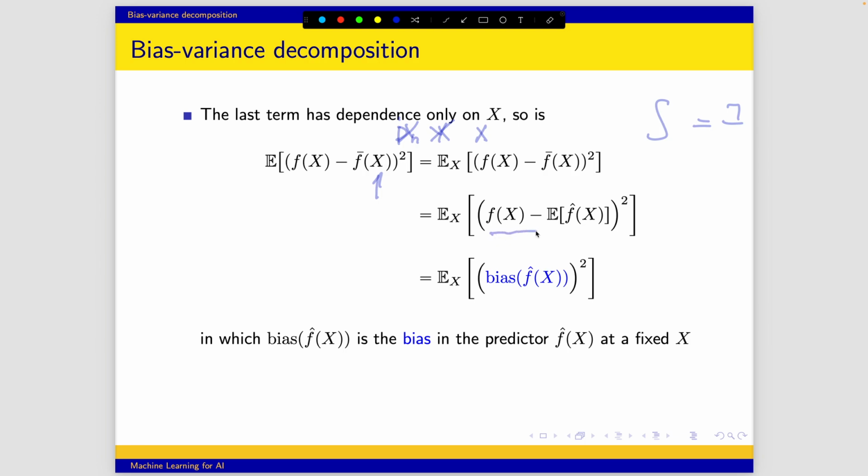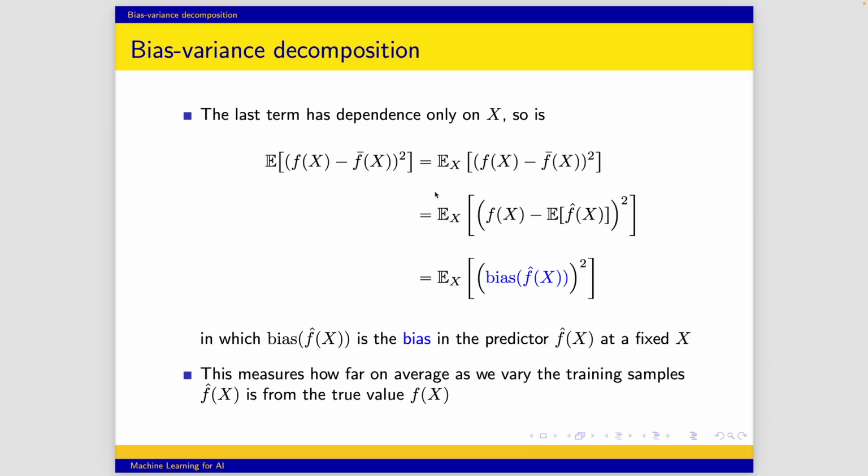And this term here, for a fixed x, we call the bias of our predictor. Right? And the bias of a predictor, as we've already seen, is how far it is from the expected value. So a predictor or an estimator, in this case we tend to call it a predictor, but generally in statistics we have estimators which estimate some parameter.